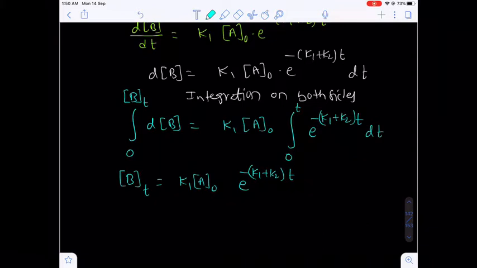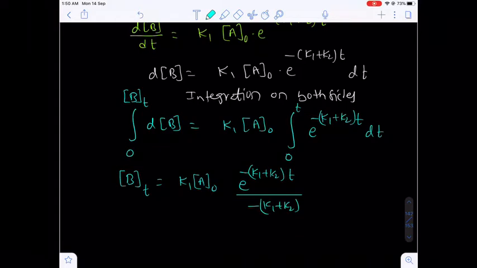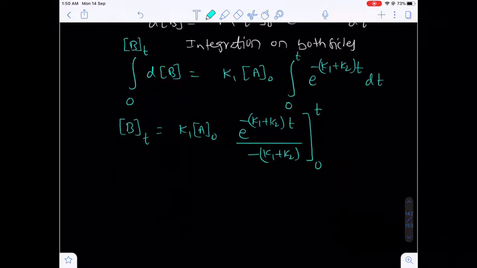Now in the inner function, minus (K1 plus K2) times t, the coefficient K1 plus K2 comes to the denominator with a negative sign. The lower limit is 0 and the upper limit is t.